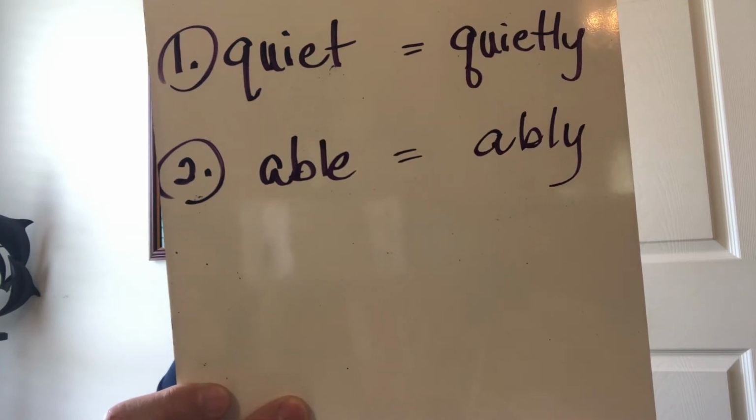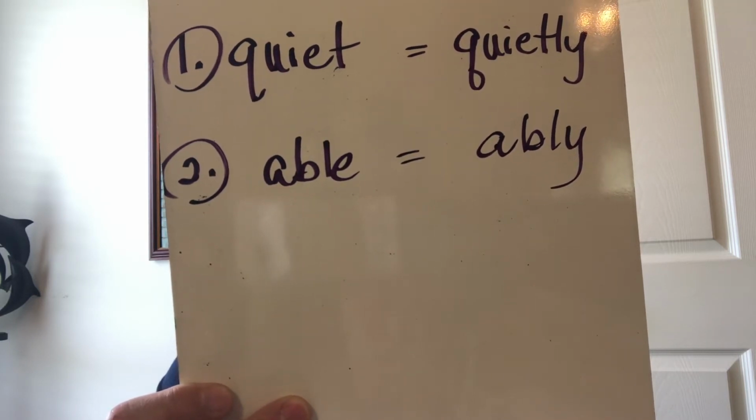Let's jump all the way down to number 9. Number 9 says regrettable. R-E-G-R-E-T. There's 2 T's. A-B-L-E. Regrettable.